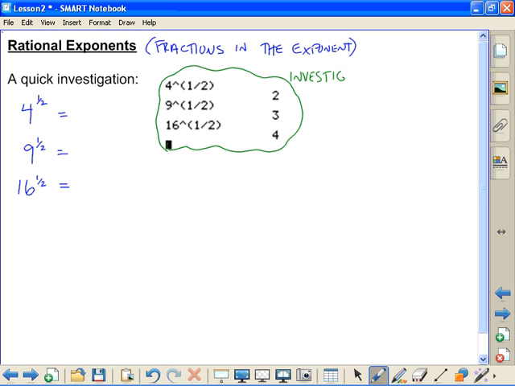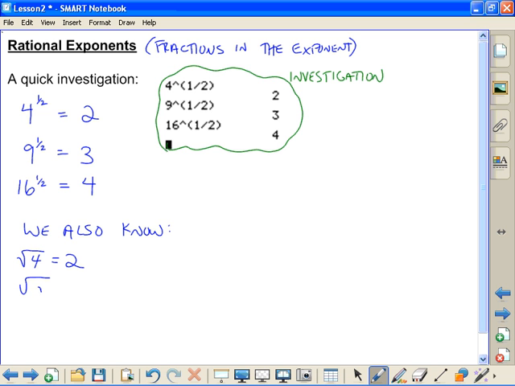So when you go through and you look at this, we know 4 to the 1/2 according to the calculator is 2, 9 to the 1/2 is 3, 16 to the 1/2 is 4. Hopefully some people are saying, I know how to get those results. We also know if I took the square root of 4, it would give me a 2.